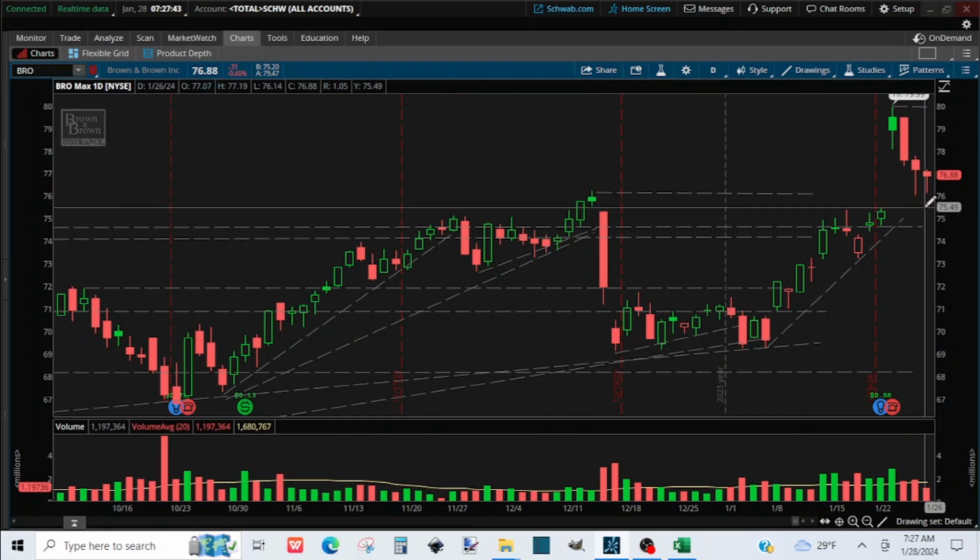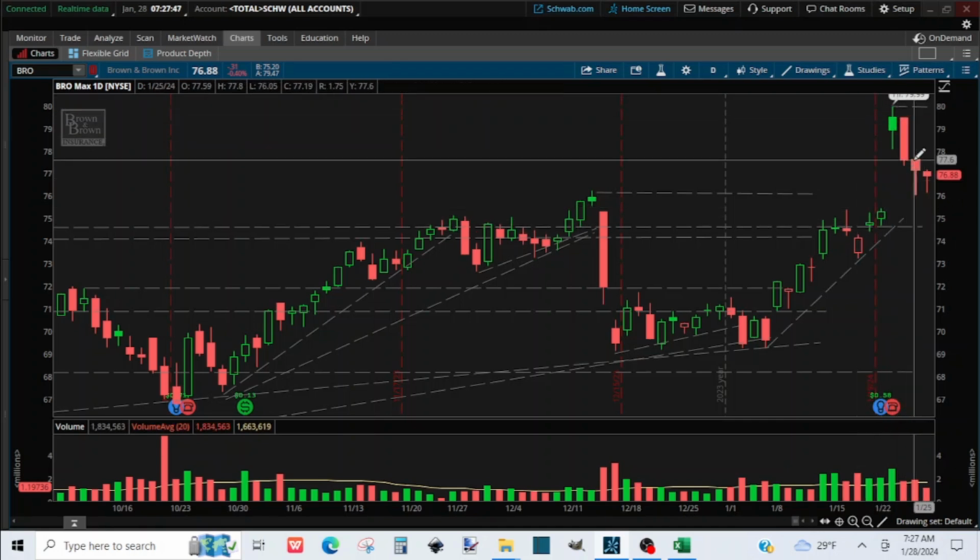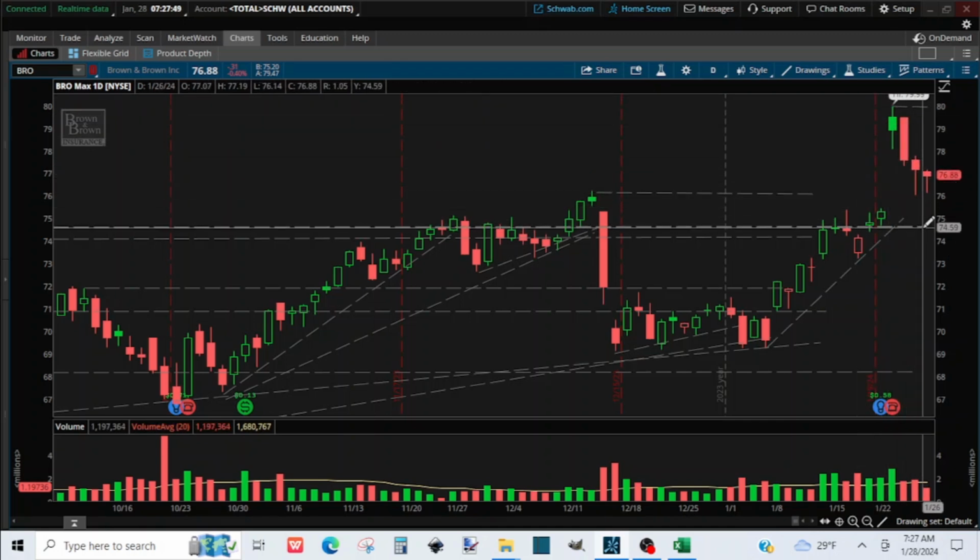That's 79 from 75. So it reached that and started going down. So at this point, we don't know if it's going to sit on this line and start going up or not. So we are going to add it to our list and keep an eye on it, because this is the highest peak.